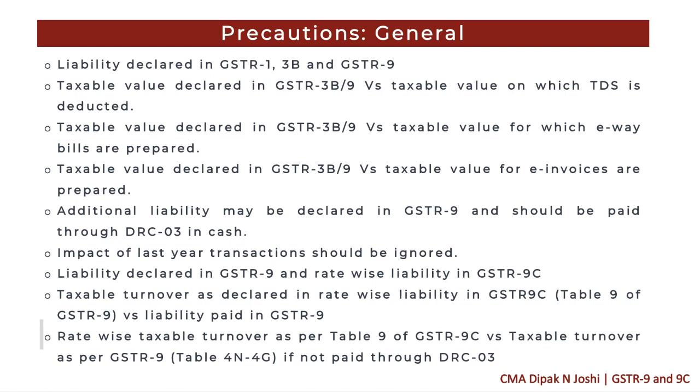So in that case, turnover as per your GSTR 3B will never match with the turnover as per the TDS statement. And that is why an appropriate reconciliation statement should be ready with you before filing GSTR 9. You should be able to identify why there is a difference in taxable value as per the TDS statement and taxable value as per GSTR 9 or GSTR 3B.